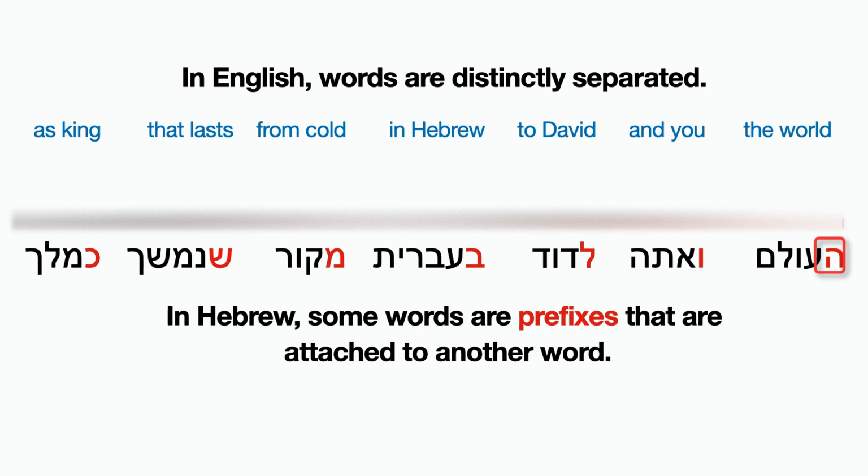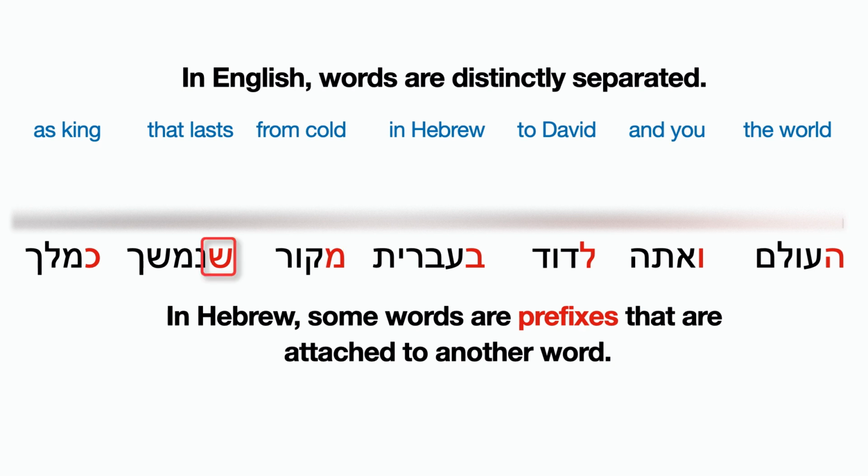Ha, that means the, ha'olam. Ve, that means and, this is a prefix word. Le, that means to, in this case, and it's also attached to the word it modifies. Be means in, and mi, that means from, that's another prefix word.